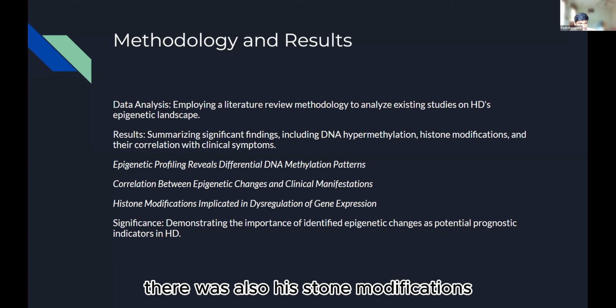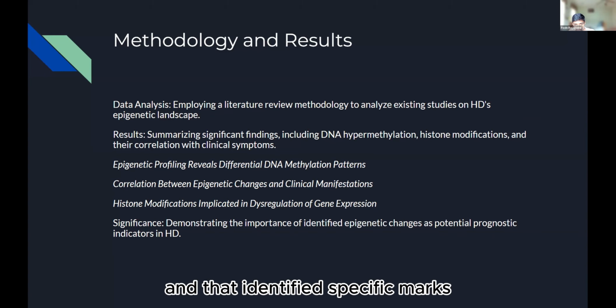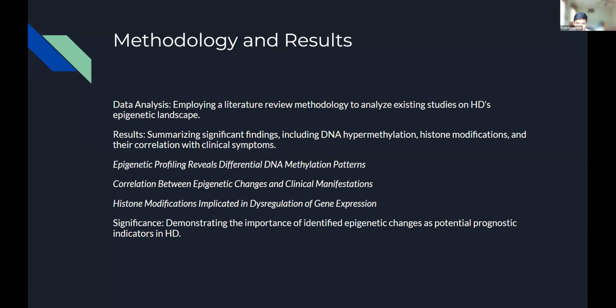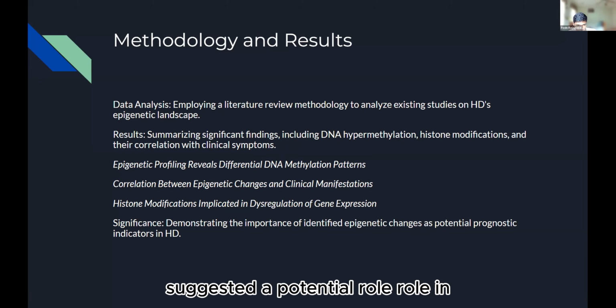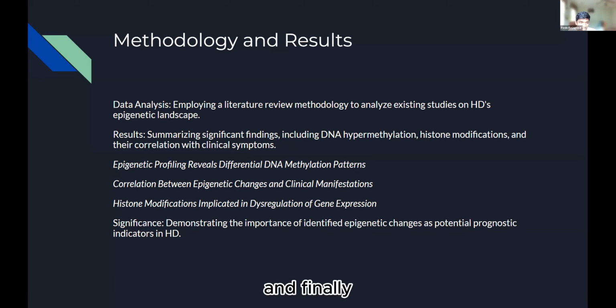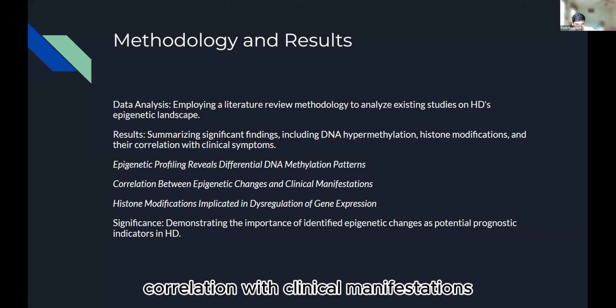There were also histone modifications, which identified specific marks correlated with dysregulated gene expression. Reduced histone H3 acetylation in the striatum of HD patients suggested a potential role in the progressive degeneration of this crucial brain region. And finally, correlation with clinical manifestations.